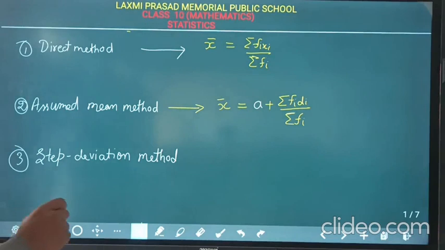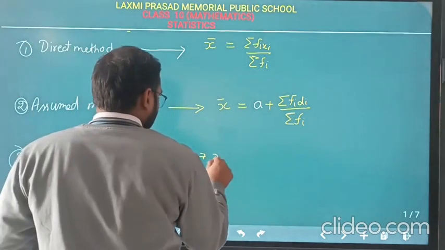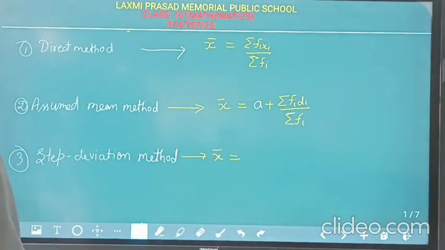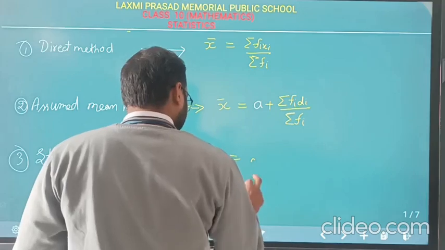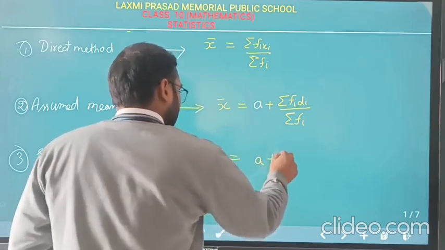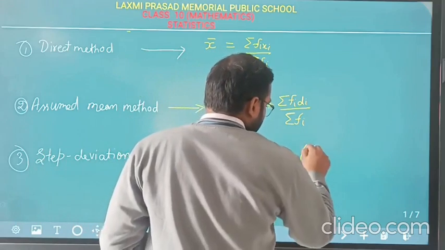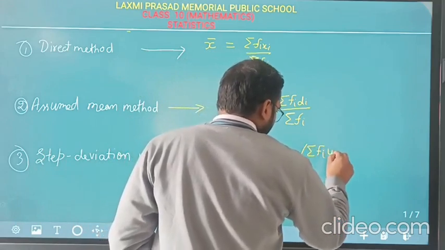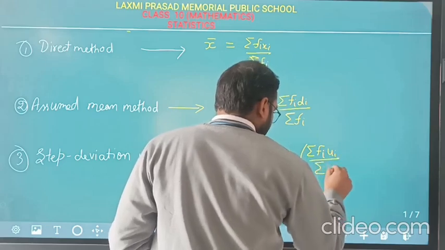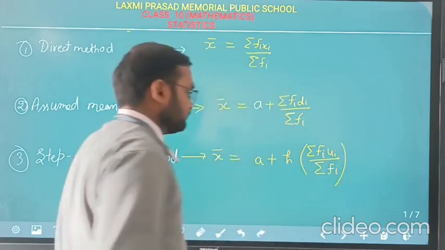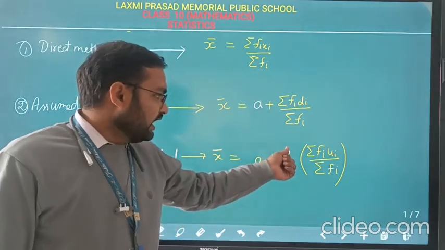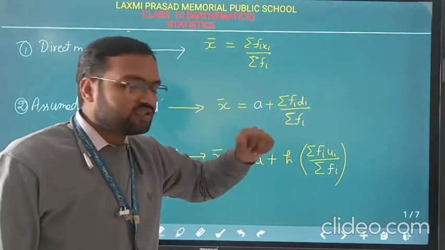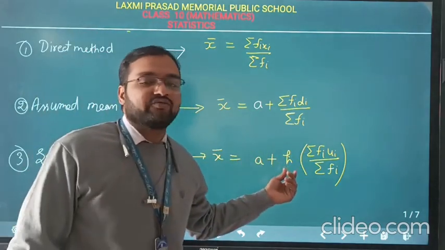In the step deviation method, the formula that will be used is x bar is equal to a plus h into sigma fi ui upon sigma fi, in which, as you know, a is the assumed mean, and h is the new thing. h is known as class width.